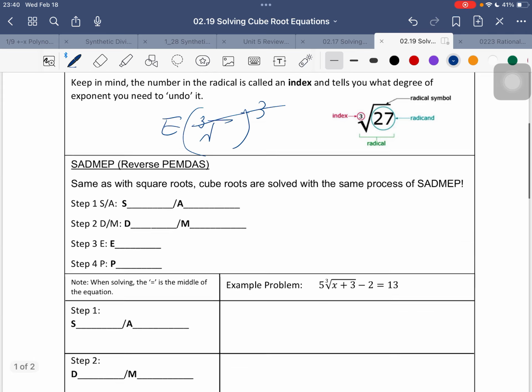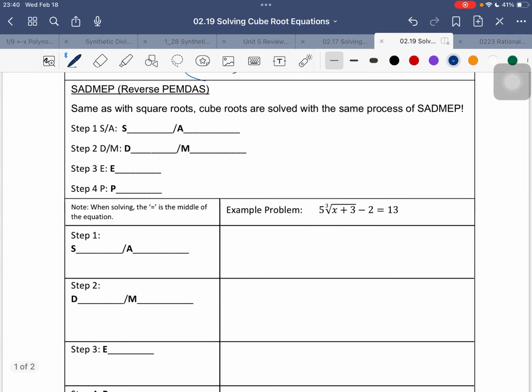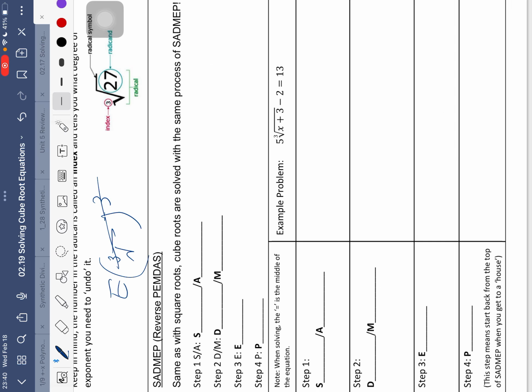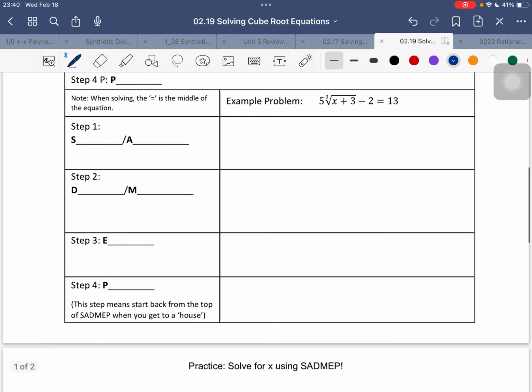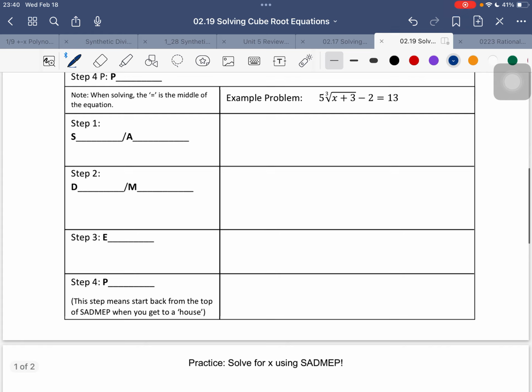Okay, so we can do the example problem together. Step 1, remove subtraction or addition. Still outside the house first. Subtraction or addition is usually the backyard.